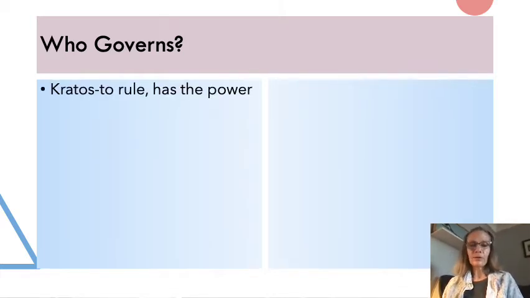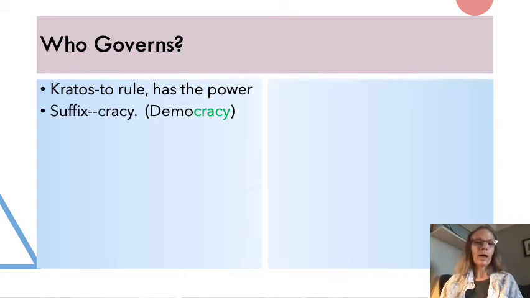Now, a couple things I want you to keep in mind is that when we're learning about different forms of government, you're going to see this suffix, which is cracy, okay? And so there is an example of where it says democracy, right? Now, when we're learning about different forms of government, you're oftentimes going to see that cracy suffix within the word.